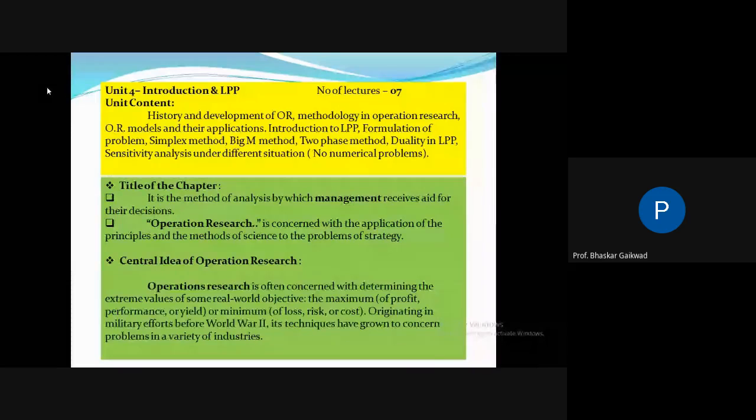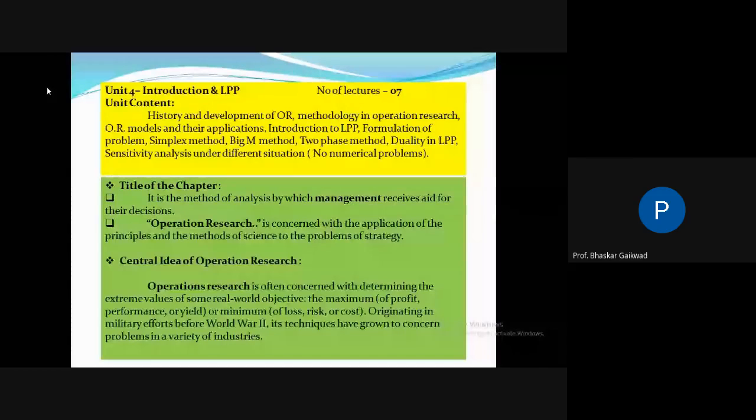If any problem is there in industry, for example, I have observed one problem in industry, and that problem is very simple. Suppose one industry is manufacturing three products A, B, C, and the profits are 3, 2 and 4 respectively, and the firm has machines whose processing times in minutes are given.